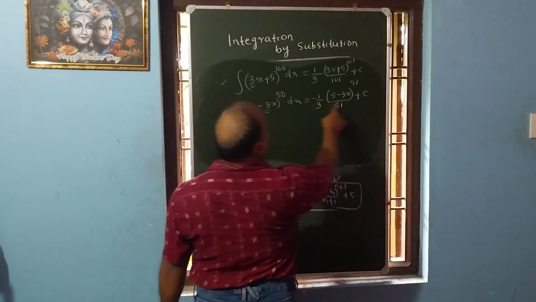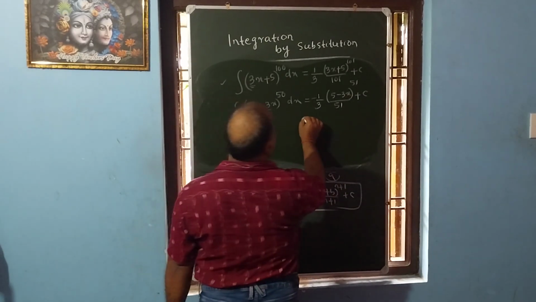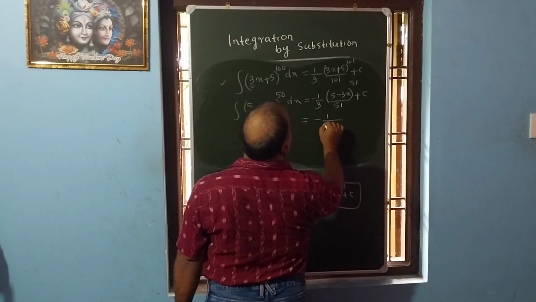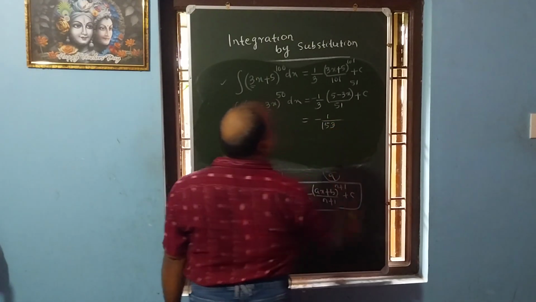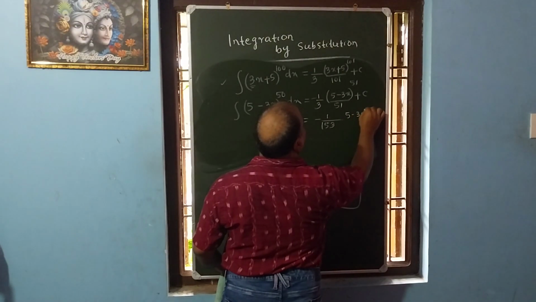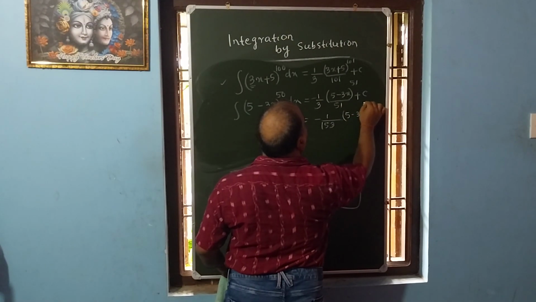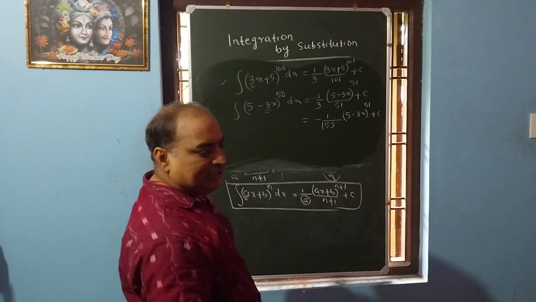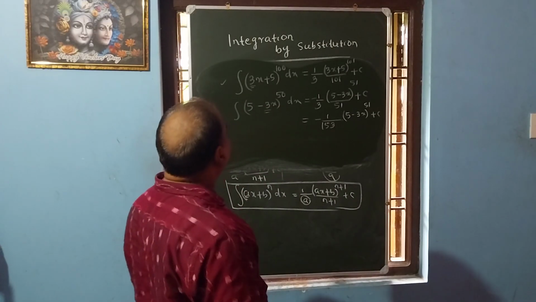So this 3 is multiplied with 51, and the result comes out as minus 1 by 153, (5 minus 3x) to the power 51 plus c. Okay, so this is the answer.